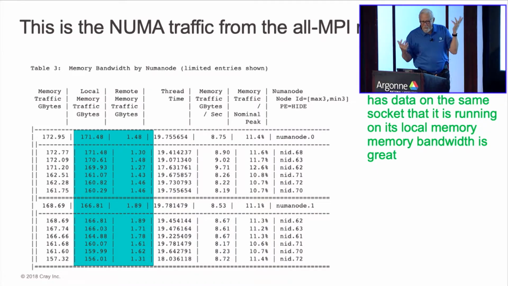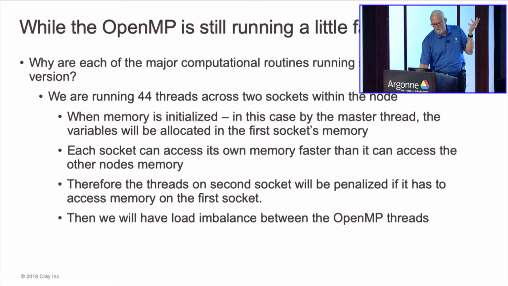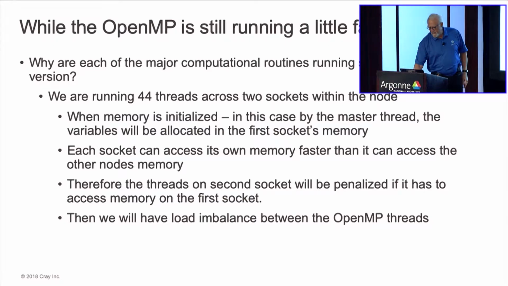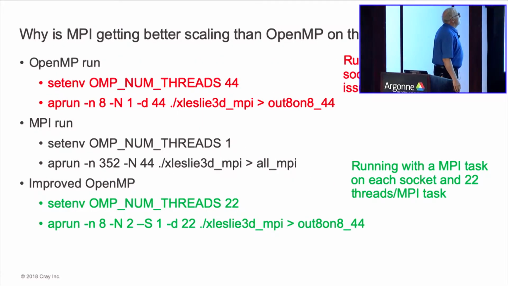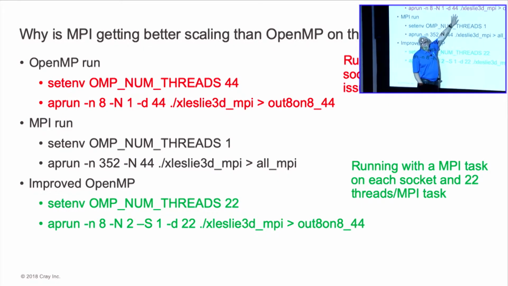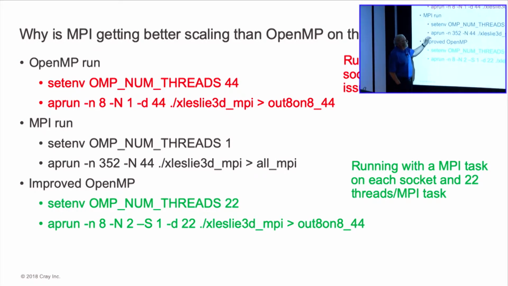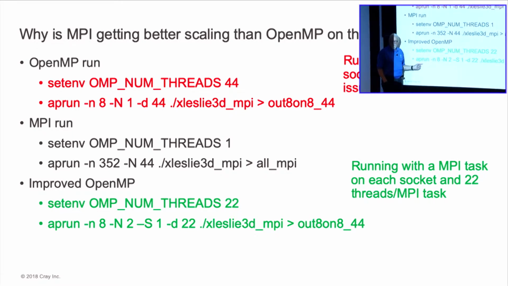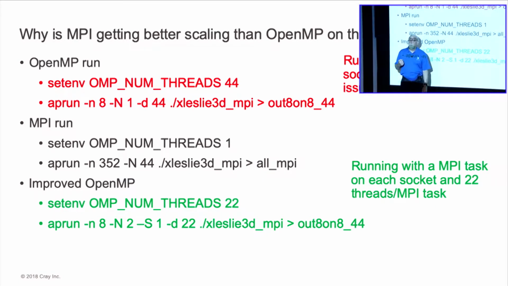All right, so how are we going to fix this? I usually do this. I always say something that's on the next slide. So what we're going to do is, this is the way we ran the app run. This is the way we ran the MPI. Now this is saying I want 2 MPI tasks with 22 threads on each socket.